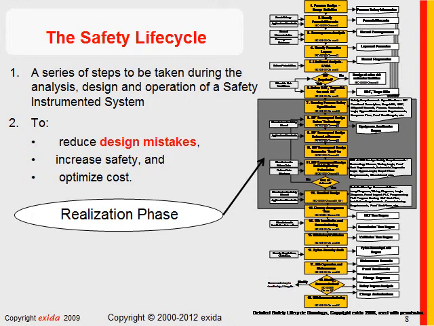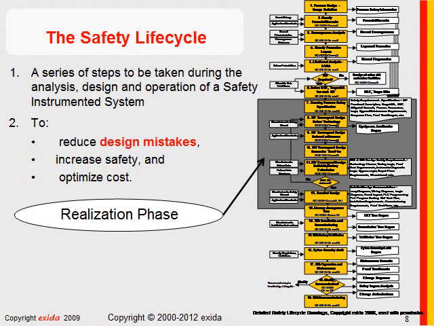Now, we've talked many times before about the safety life cycle. You understand that as one of the fundamental concepts in our functional safety standards, the safety life cycle is a series of steps to be taken to minimize design mistakes and thereby increase safety and optimize cost.